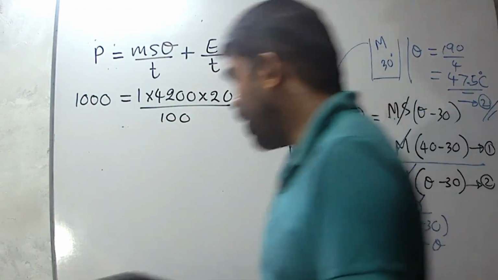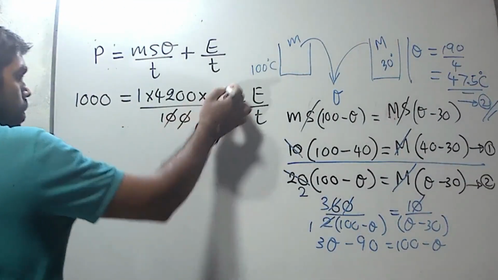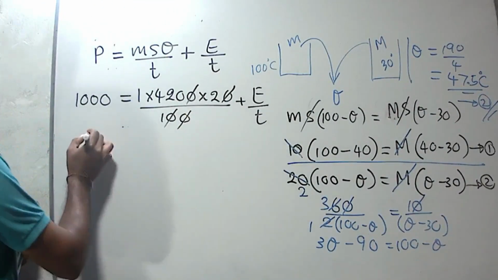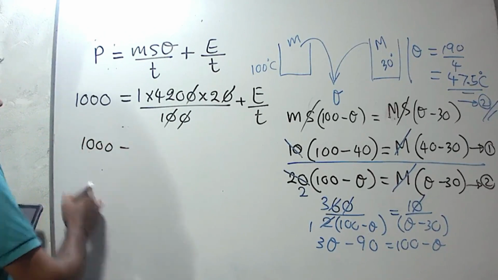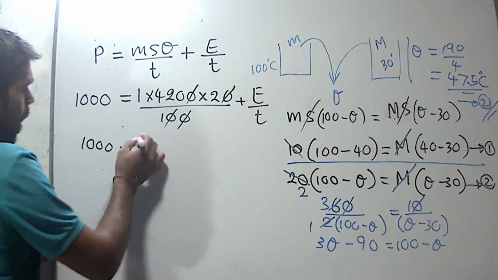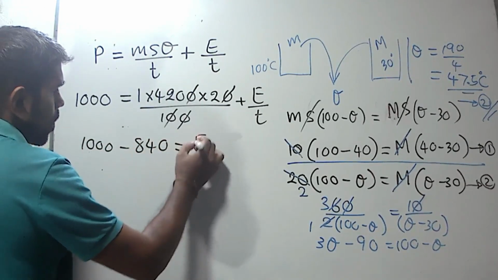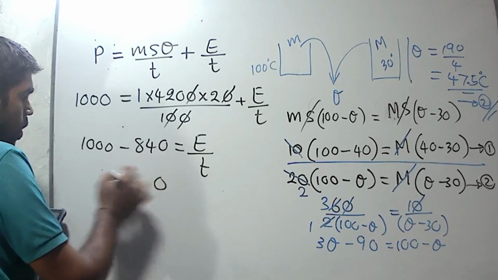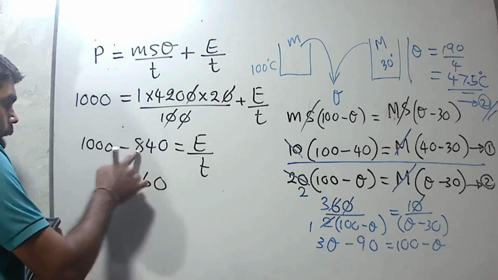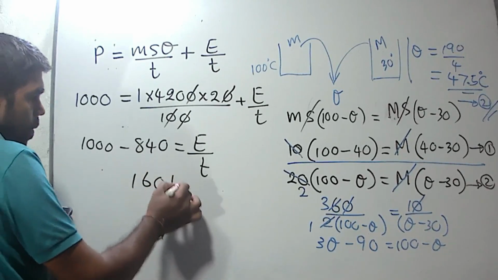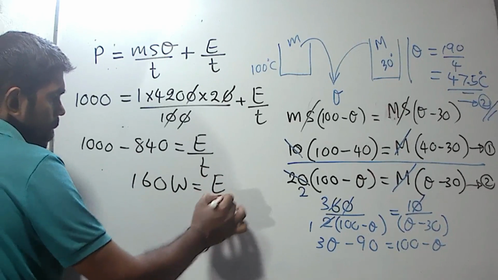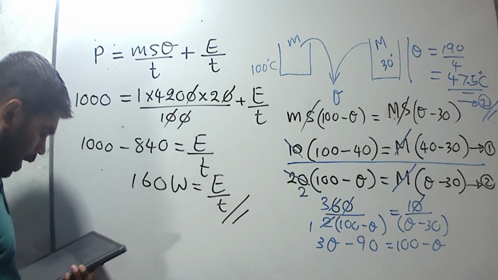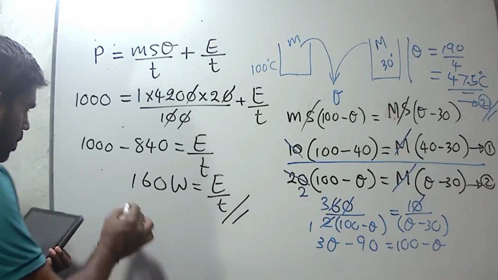Then we can simplify it. 1000 minus 4200 into 20 over 100, which is 840. So 1000 minus 840 is 160 watts. It is the energy loss rate from the system. Then the answer is 3.